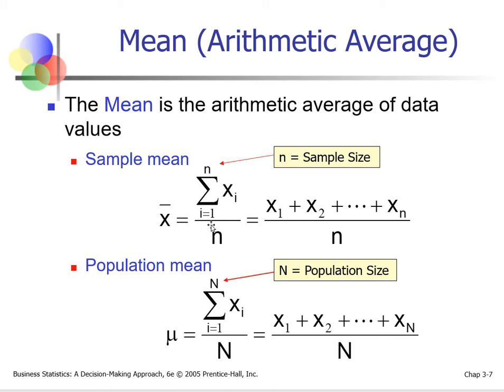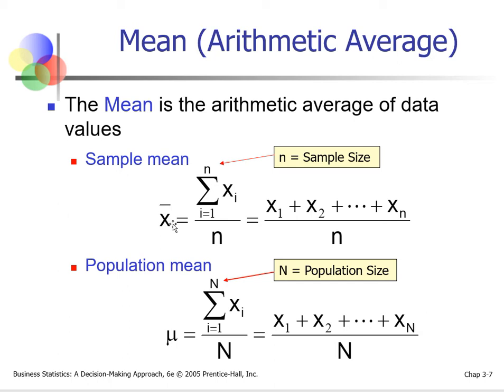Okay? n represents the sample size. So if it is a sample, then it should be a small letter n, and your average is a small letter x with a bar. Some just use x without the bar. So it depends, but basically they are lowercase.